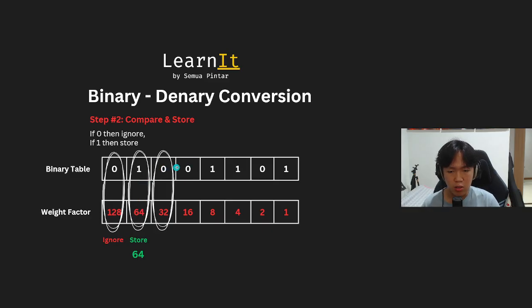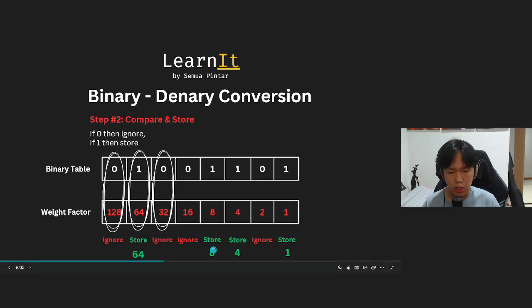Now the next one is 0, so we ignore it, and the next one is also 0. The next one is 1, so you store the weight factor of 8. The next one is also 1, so you store 4. This one's 0, so you ignore. And the last one is 1, so you store the 1.